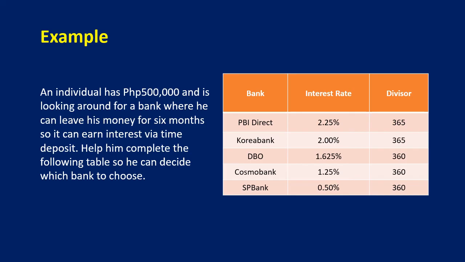At first glance, it looks like PBI Direct gives the highest interest rate. However, they differ in the divisor when you compute your PRT. So let's see which one will give him the highest interest.